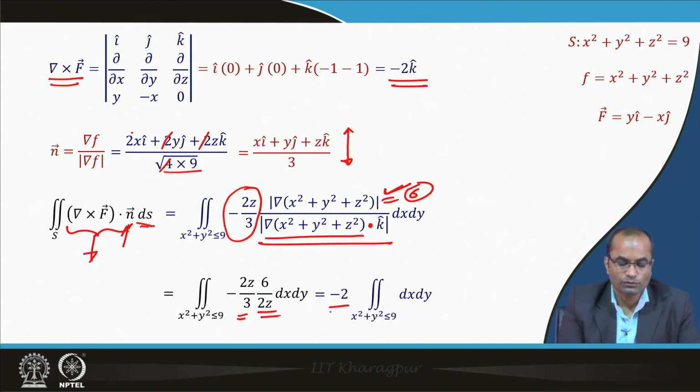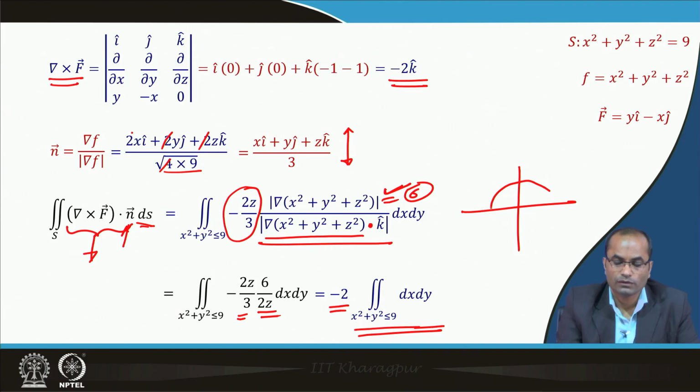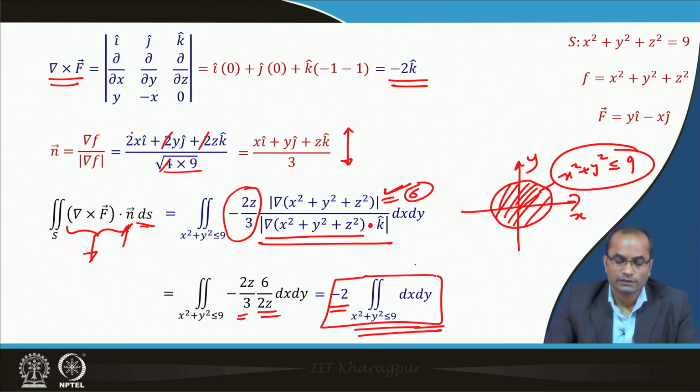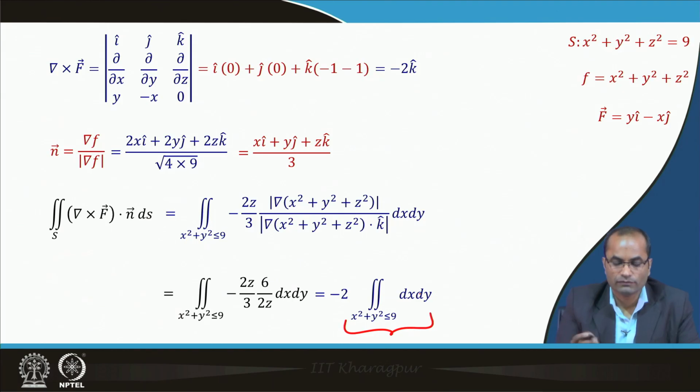So, it is minus 2, and then we are integrating over this disc dx dy. So, this was the projection on the xy plane, this was x and then y. So, this is the projection, this disc x square plus y square less than 9, this is the disc there, where we have to perform this integration, and this integration is nothing but the area of that disc.